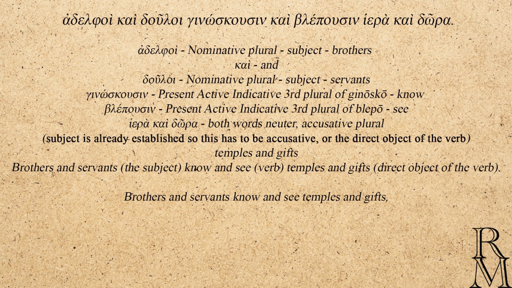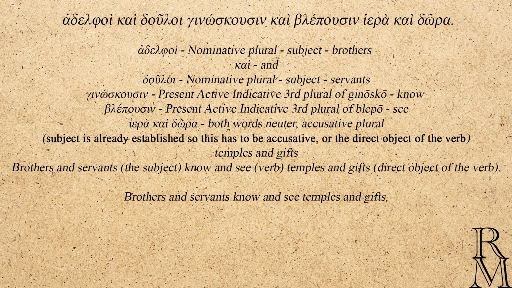It doesn't have to be when the next word begins with a tau or a vowel, although that is most often where you'll find it. Here, it just has the nu stuck at the end of it. So, ginoskousin, kai blepousin, which is also a movable nu, but that next word begins with a vowel. Hiera, kai dora. Adelphoi, kai douloi, ginoskousin, kai blepousin, hiera, kai dora.